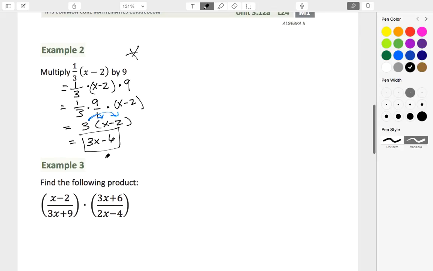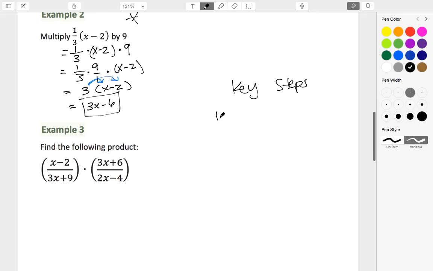All right, so here are your key steps when you are multiplying rational expressions that are a little bit larger, okay? Your first step is to always factor out the GCF. Or you may have some special factors like difference of squares, difference of cubes, sum of cubes, whatever it may be. Or maybe you need to factor a trinomial.